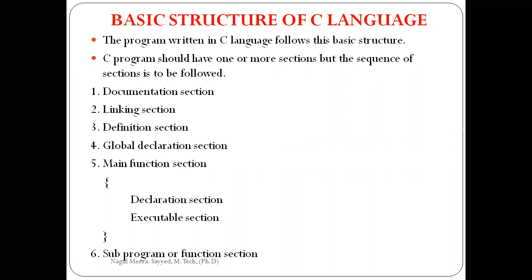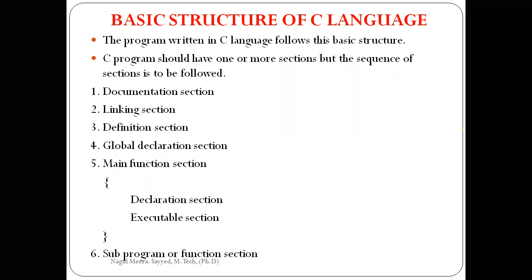Okay? So what is the meaning of our first section? That is the documentation section. The starting of the program is the documentation section. After the documentation section, the second section is the linking section. Next one is the definition section.